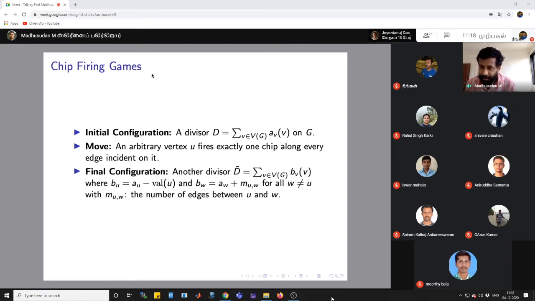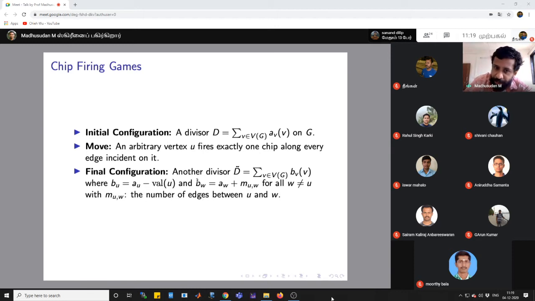They will gain some chips, right? And how much they gain will depend on this: remember, we are in a multigraph, so there could be multiple edges between U and W. The number of chips it will gain depends on exactly the number of multi-edges between U and W, and so we update it accordingly.